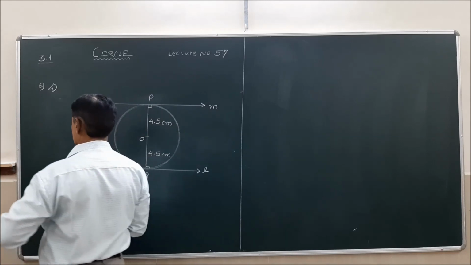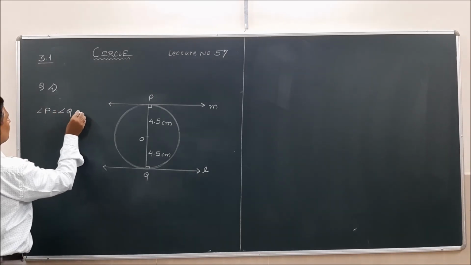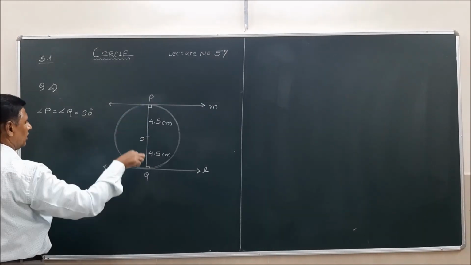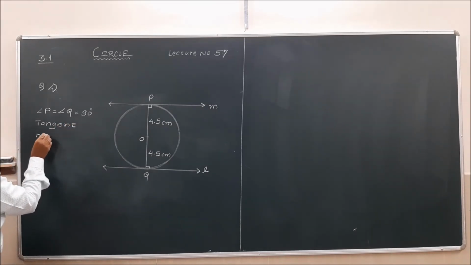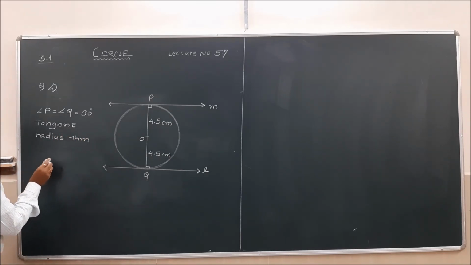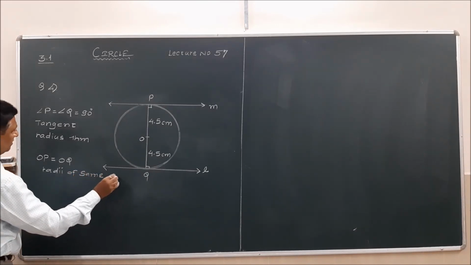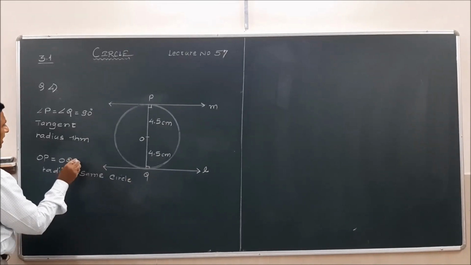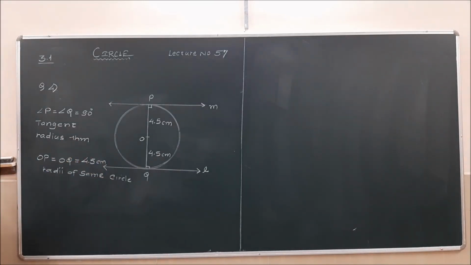Angle P is equal to angle Q is equal to 90, tangent radius theorem. Then you will find OP is equal to OQ, radii of the same circle. You may write OP is equal to OQ, that is 4.5 centimeter.